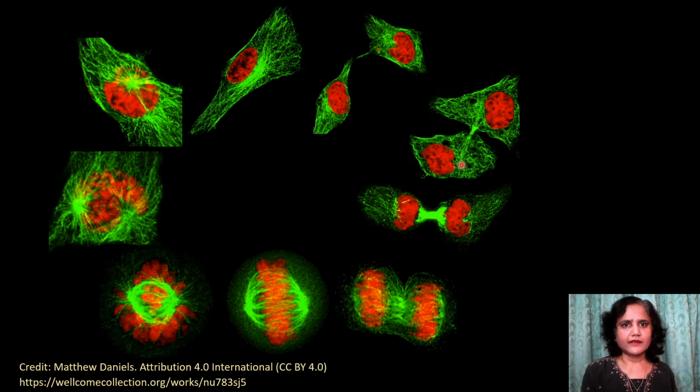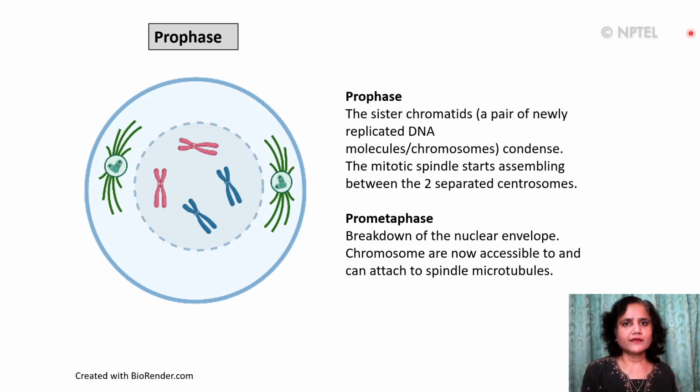Now in cytokinesis, the cells divide and then they also move apart. In prophase, the sister chromatids, which is a pair of newly replicated DNA molecules or chromosomes that are produced in the last S phase, they condense.